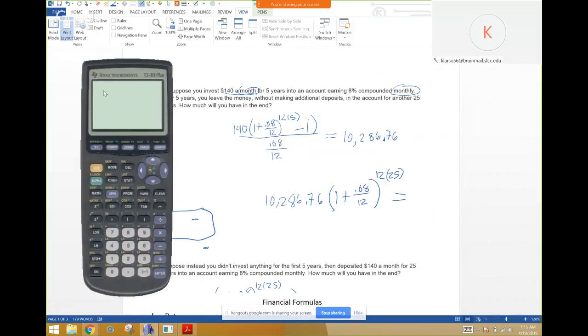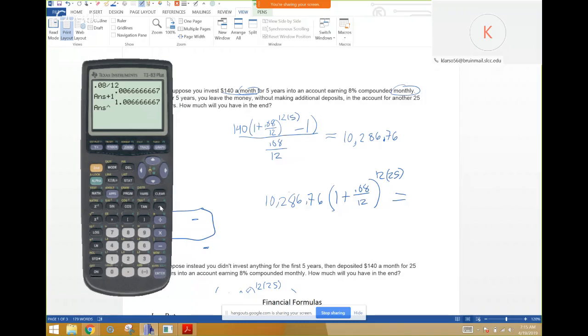So let's see if I can do it up here. Again, I would do 0.08 divided by 12, and then add that to 1.